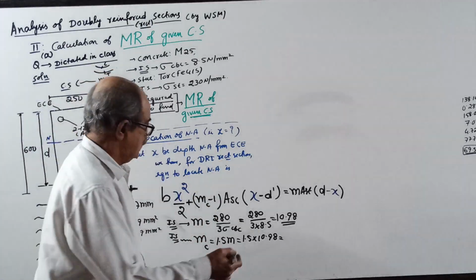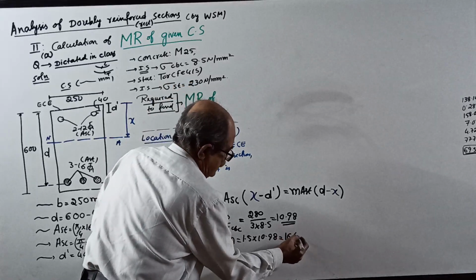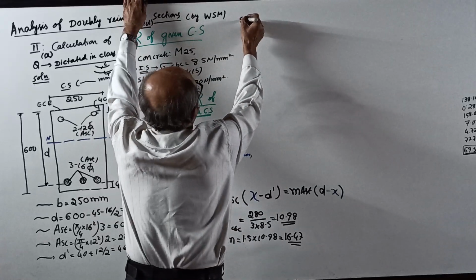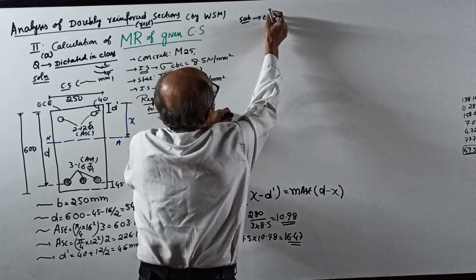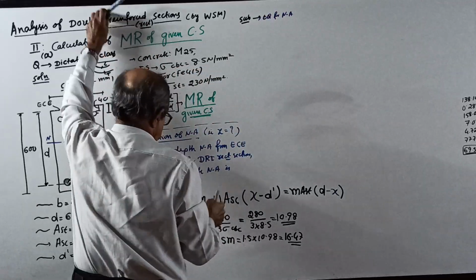$16.47. Okay, 16.47. I think my speed is okay now. Okay, now I will write here, substituting in the equation for the neutral axis. See now, substitute.